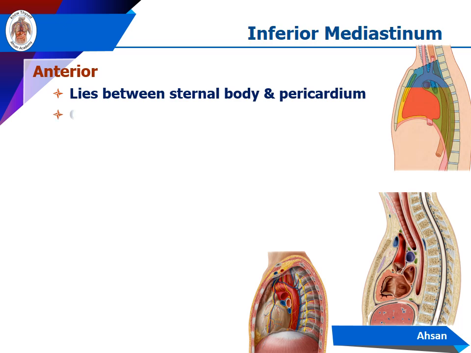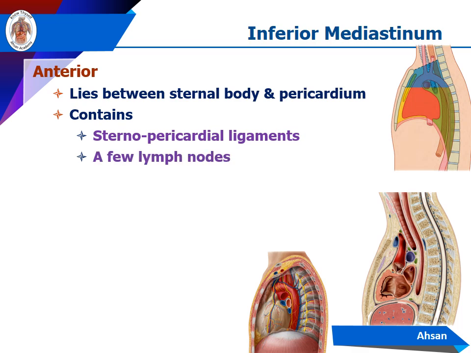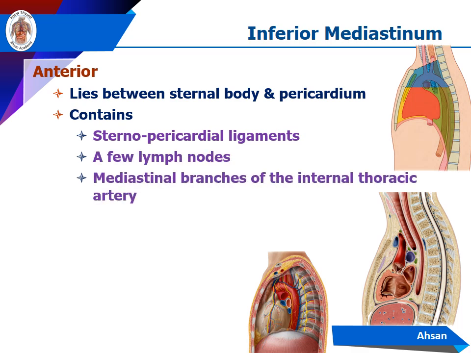This is the fibrous pericardium, and it contains the sternopericardial ligaments, which are fibrous bands extending from the anterior part of the pericardium to the sternal body. A few lymph nodes are present in it. The internal thoracic artery divides and gives mediastinal branches in this anterior mediastinum.